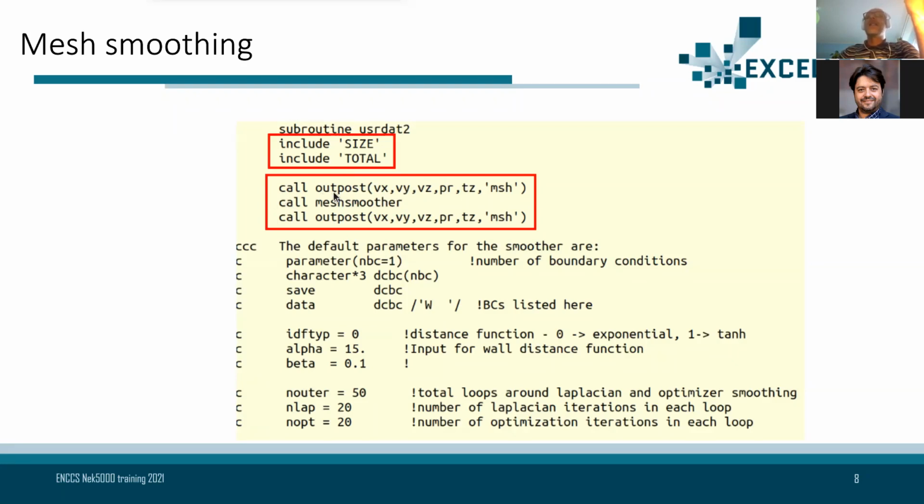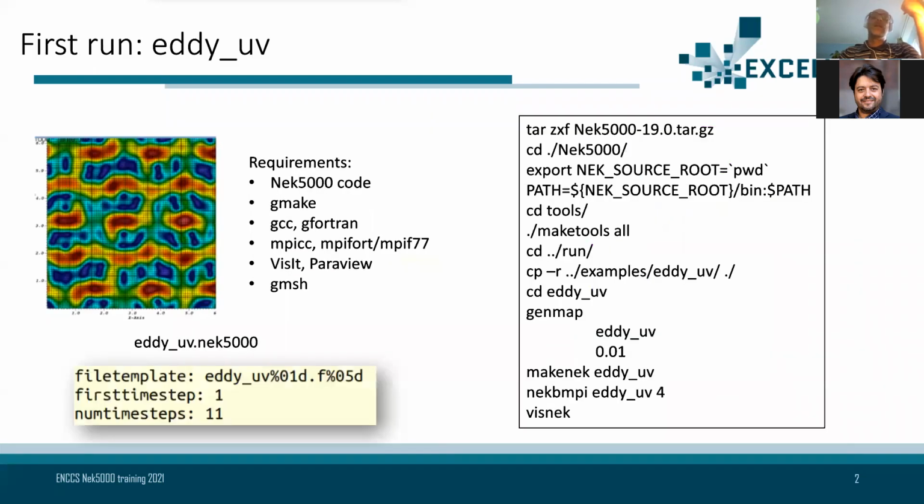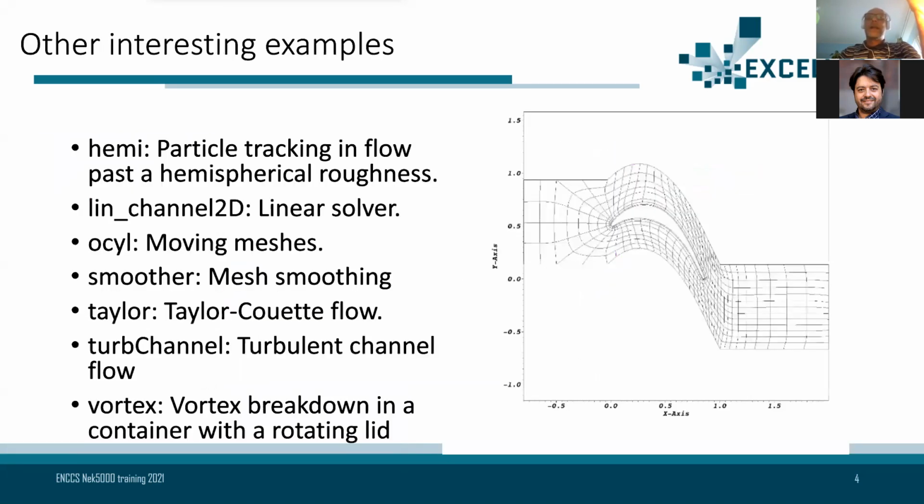So after adding this outpost before and after the mesh smoother, you could recompile the code, rerun the code, and then you would find 2 files, which would start with mesh LPT1 and mesh LPT2, modifying this LPT underscore Nek5000, which you could generate using VisNek, and simply adding LPT in MSH in the front of your name, you could visualize that.